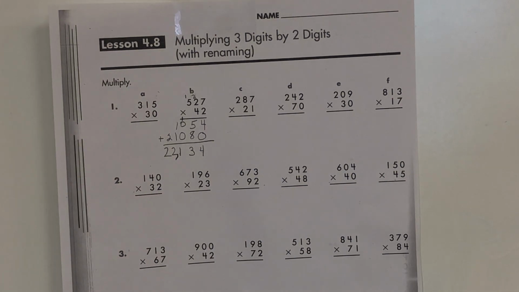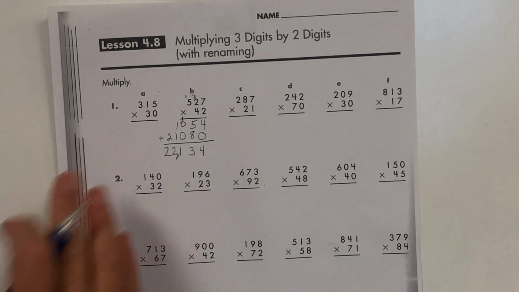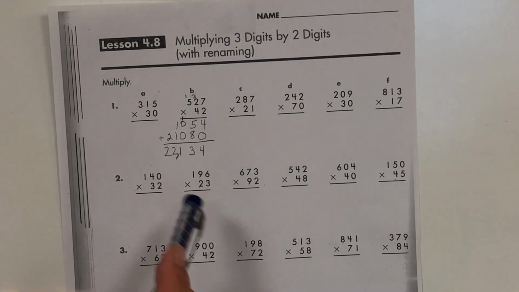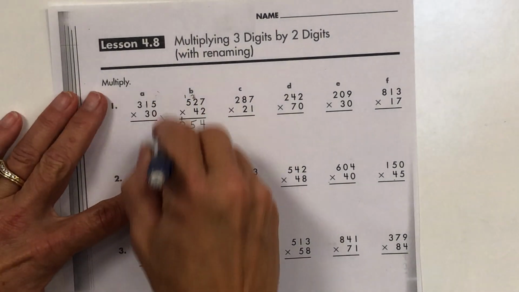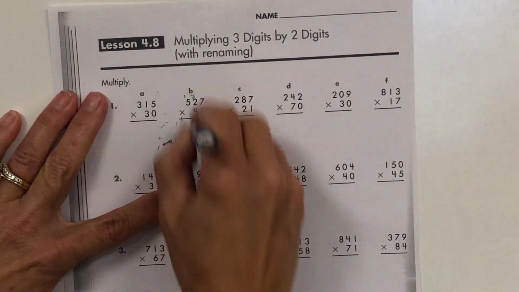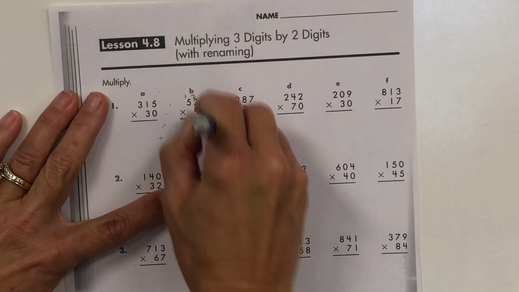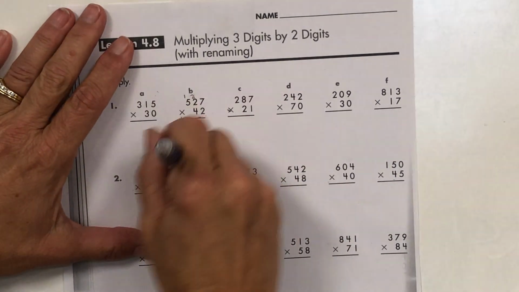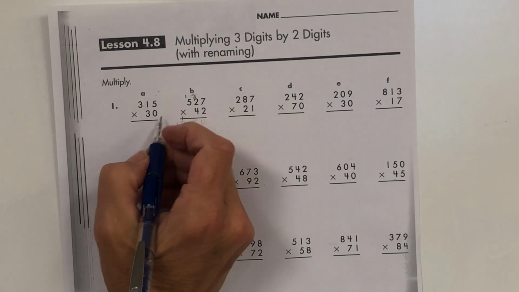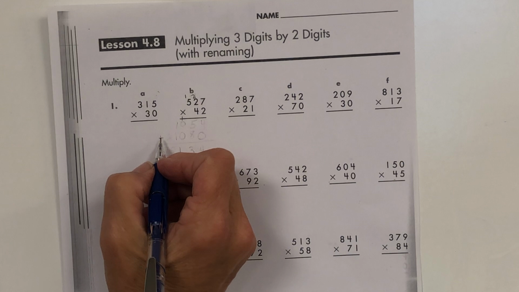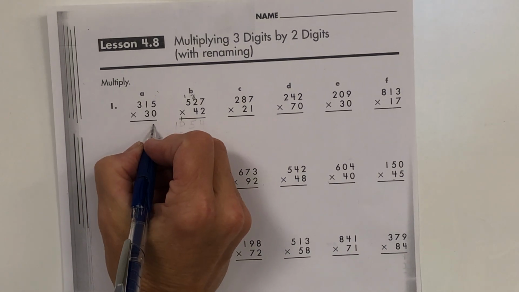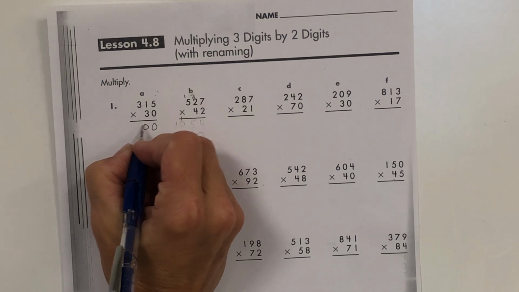Okay, now I'm going to go back to the first one, and this is the reason you might want to do it on another sheet of paper, because I kind of wrote big and I don't want it to be confusing. So what I'm going to do is erase. And in this number, the number on the bottom ends with a 0. So what you could do is say 0 times 315, and that would be 0, 0, 0.